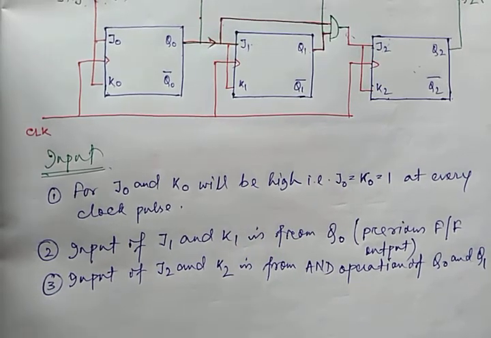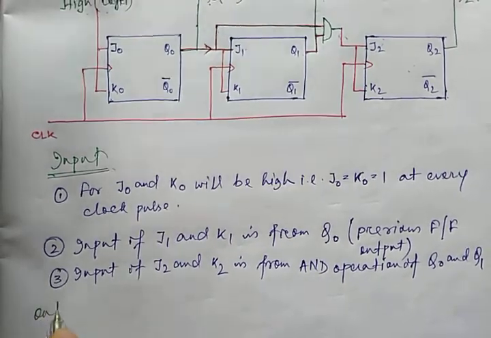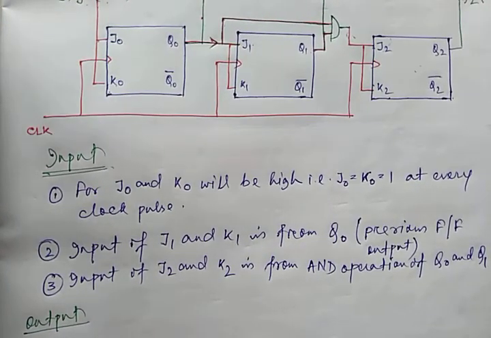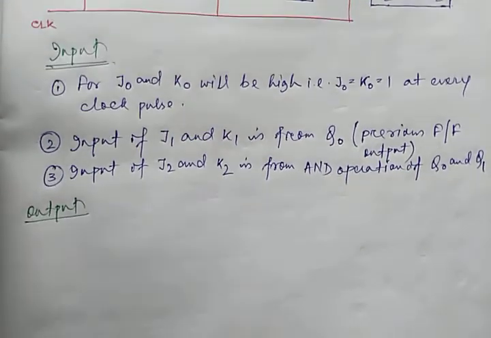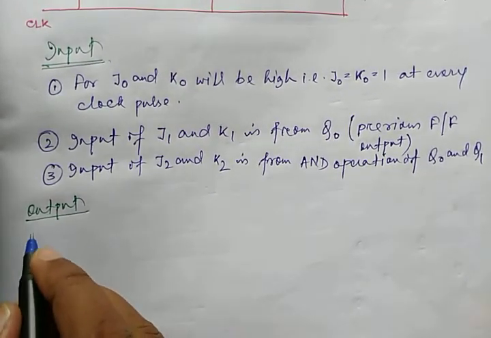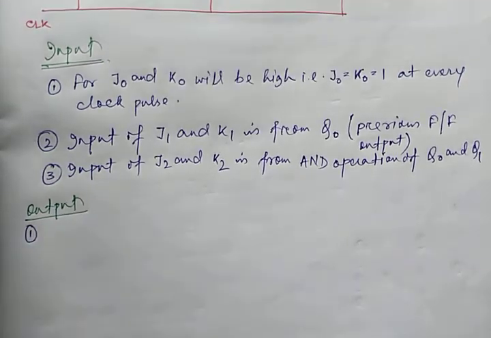Now for output. Output is very important because by checking this output we can generate our truth table for this counter. For output, three conditions are there.